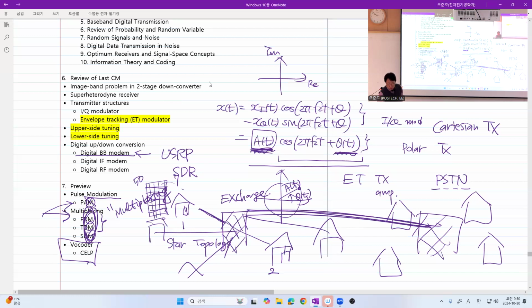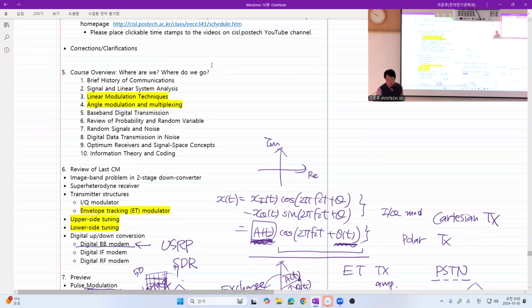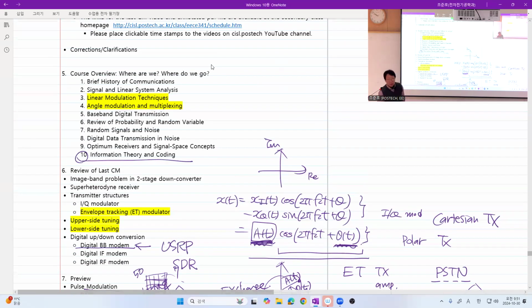By the way, vocoder is an acronym, the sum of voice coder, and coder sometimes means encoder and decoder. So voice encoder and decoder is the meaning of vocoder. And vocoder is very important in understanding, especially here, chapter 10.